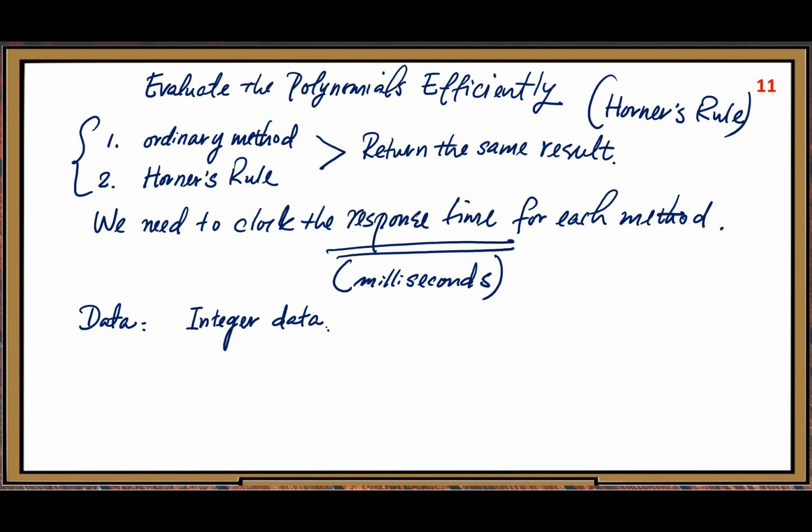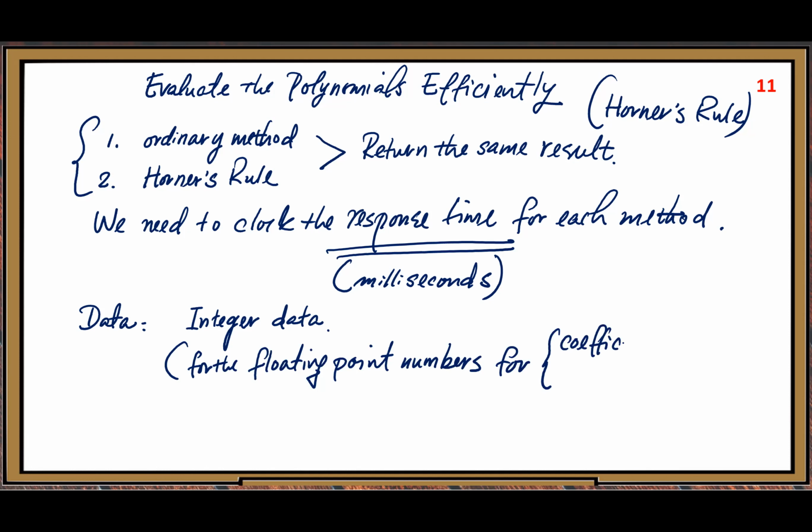I want to use integer data because for floating point numbers, we have two places where we need to use data. One is the coefficients. One place is the variable. These two places.